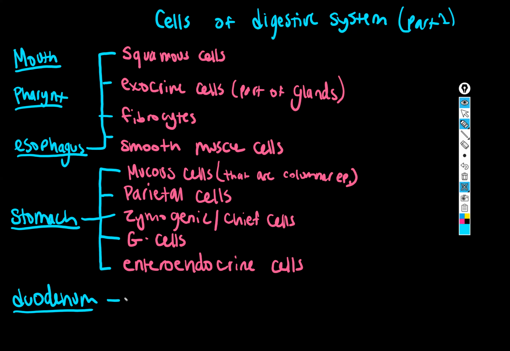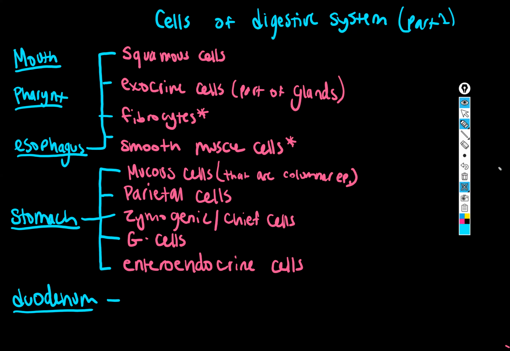And in the duodenum, I'm going to skip the smooth muscle cells and the fibrocytes of the stomach for now, because those two things are going to be consistent for the rest of these tubes, because they all have a submucosa and they all have a muscularis externa.